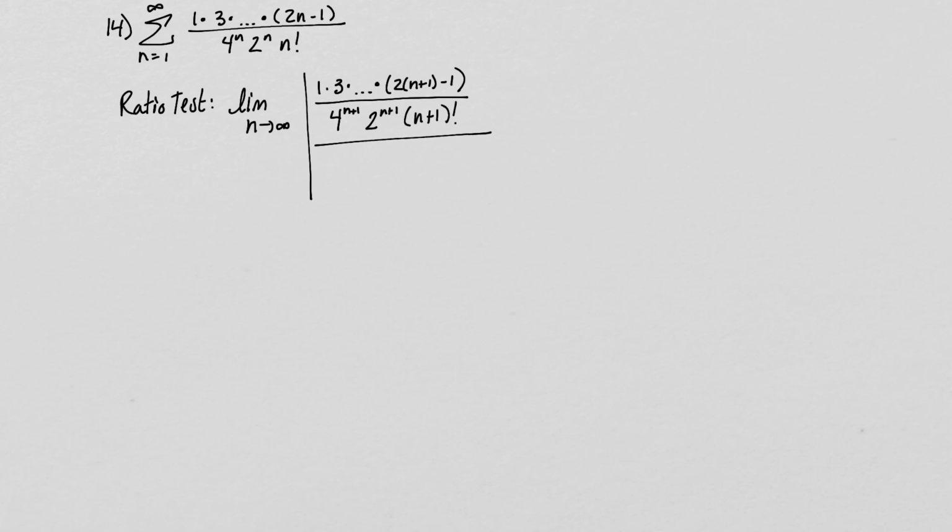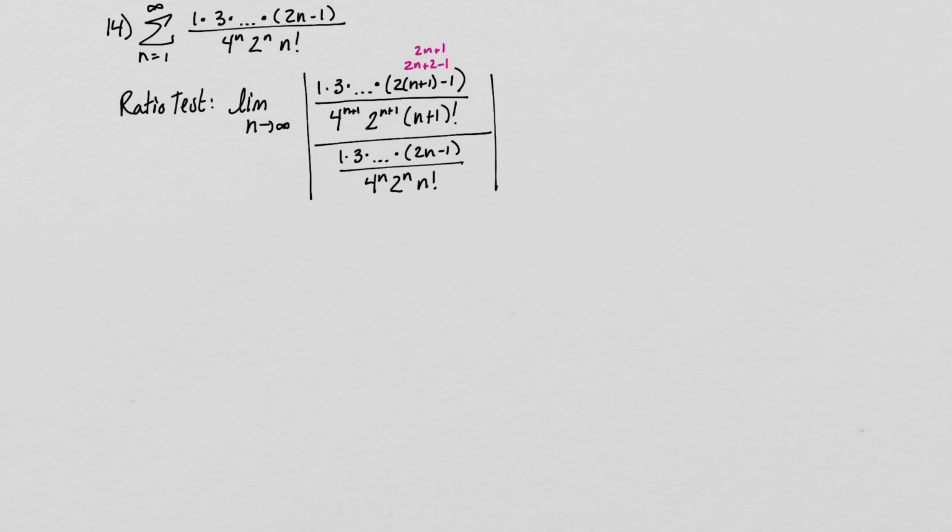And all that is divided by 1 times 3 times ... all the way up to 2n minus 1, all divided by 4 to the n, 2 to the n, and n factorial. Okay, so 2 times n plus 1 minus 1 is 2n plus 2 minus 1, or 2n plus 1. Now, I'm just doing all the odd numbers, right?